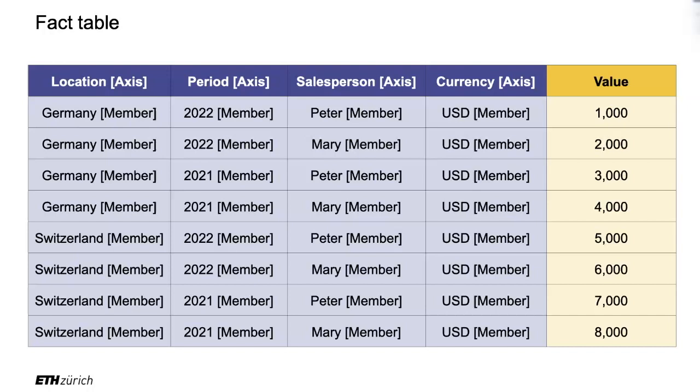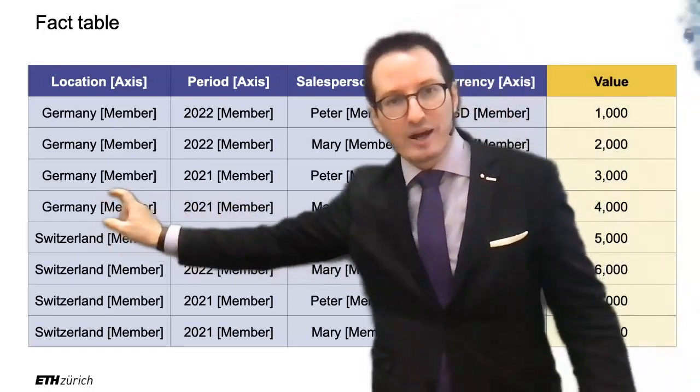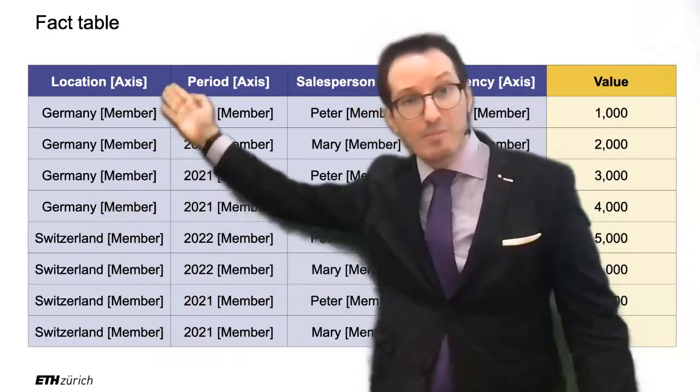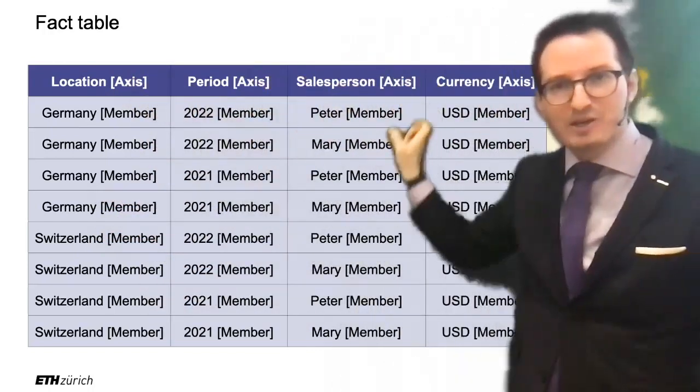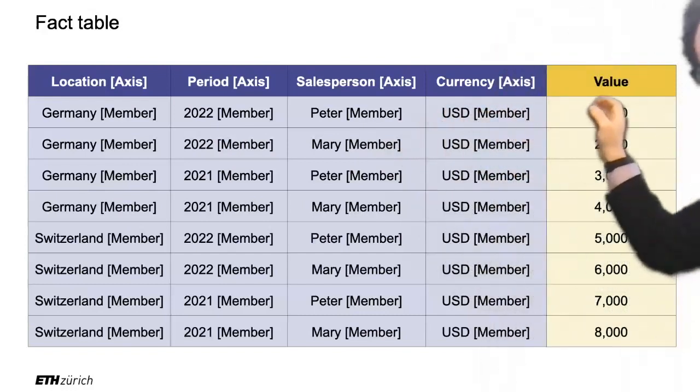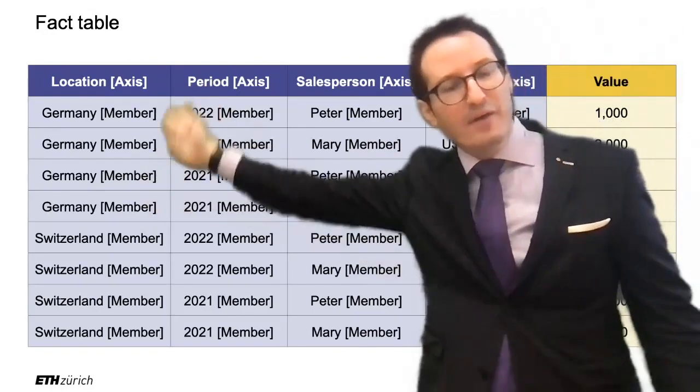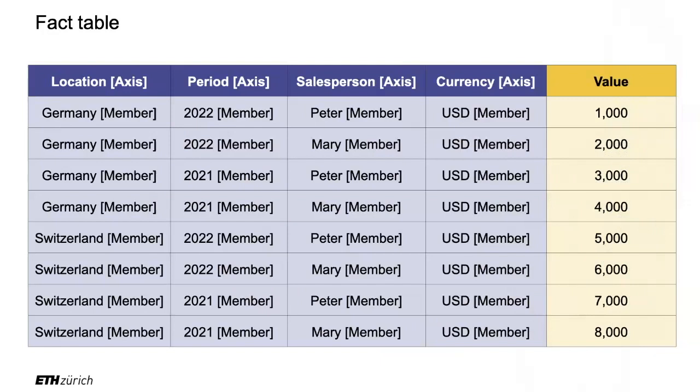It's common to add this square bracket member to say that this is a member of a dimension, and square bracket axis to say this is a dimension. I'm going to do this during the course just to clarify what is a dimension and what is a value of a dimension. So you see axis and member.